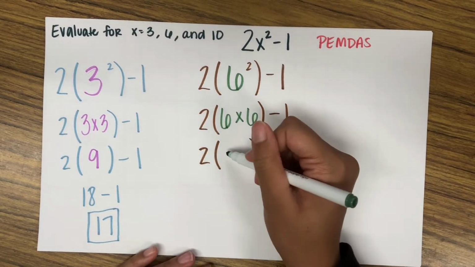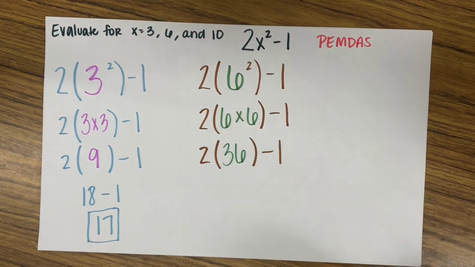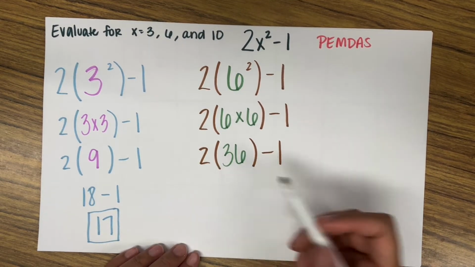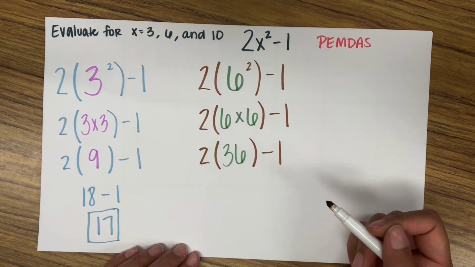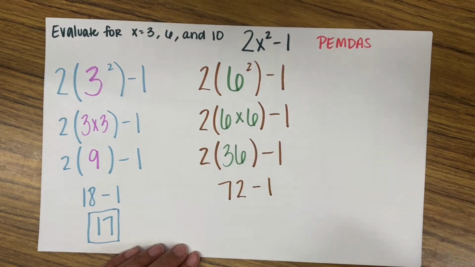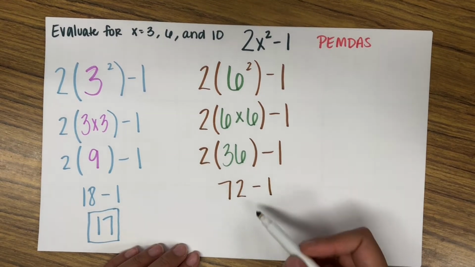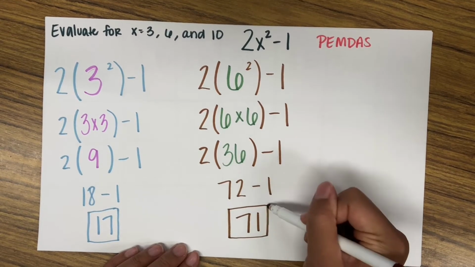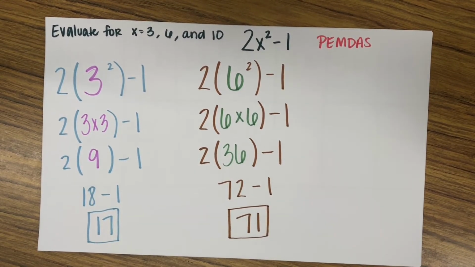Six times 6 is 36. Two times 36 is 72. Lastly, I subtract and I get 71. 71 would go into my second purple box.